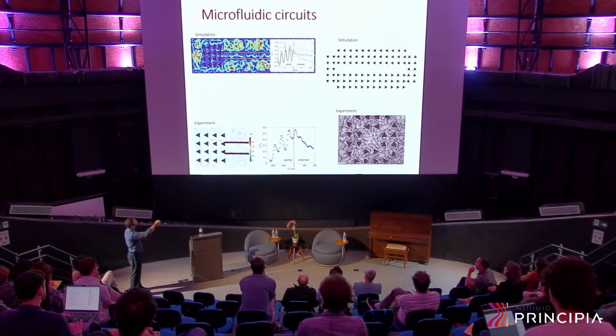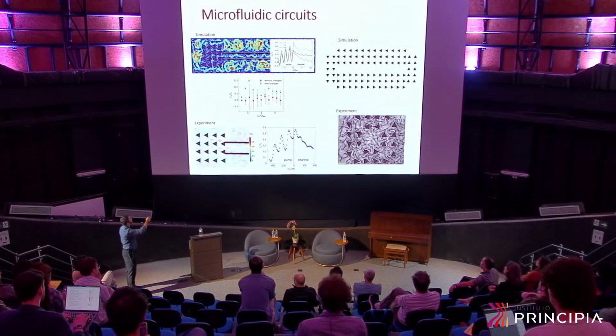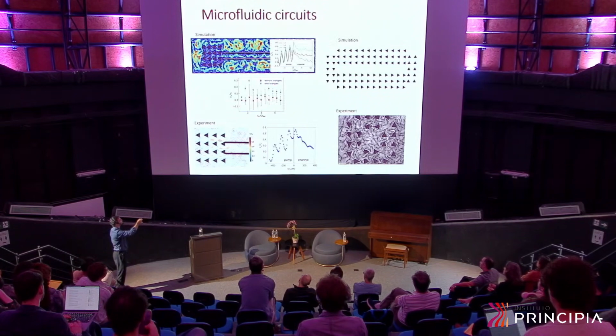And it depends on the separation between the plates how this decrease occurs. So here we measure the velocity inside the channel for different separations between the plates, and compare it with the average flow field without the triangles.